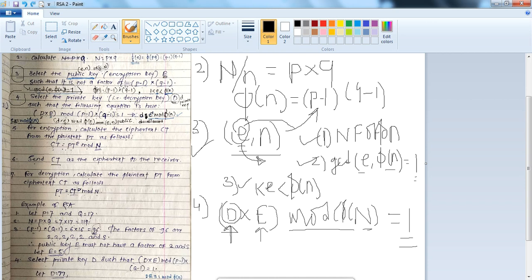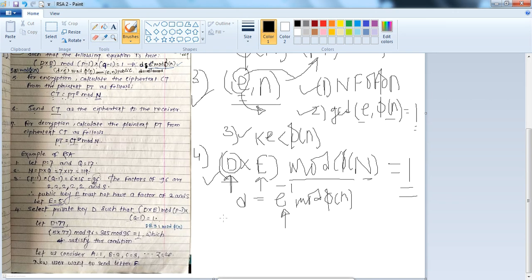One more way is that you can consider d is equal to e inverse mod phi of n, but we would need to calculate the e inverse. That's why initially we consider this equation, which should be true for the selection of the d value, the decryption key.